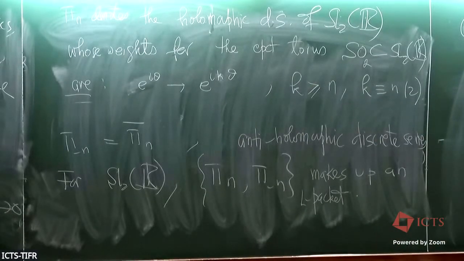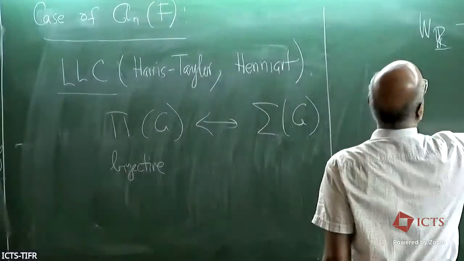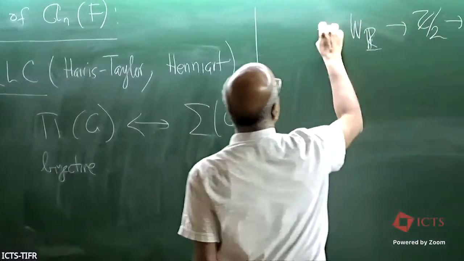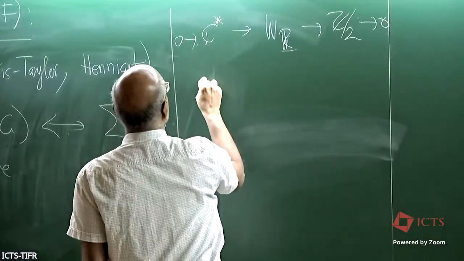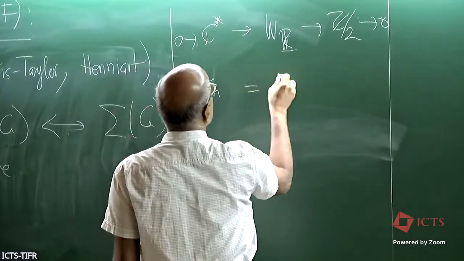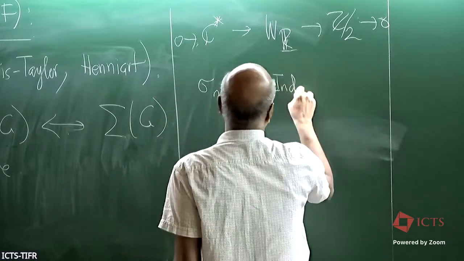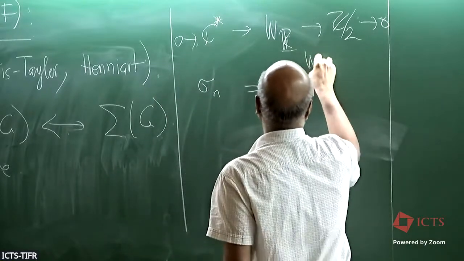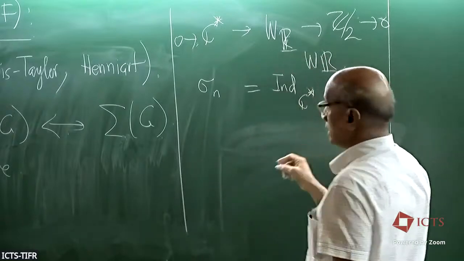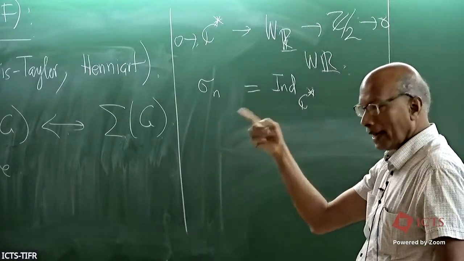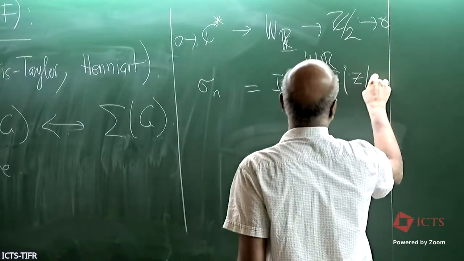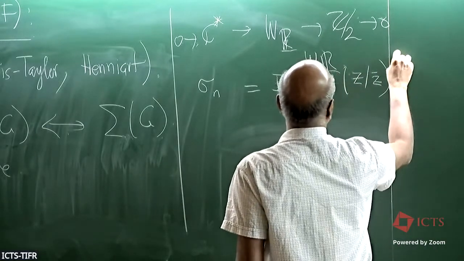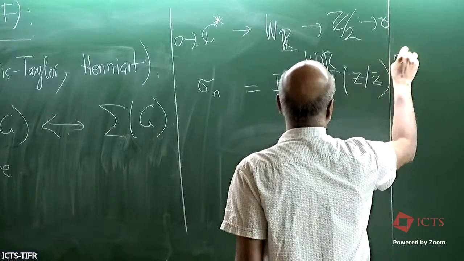WR is a non-trivial extension of Z mod 2 by C star, and the parameter sigma n is supposed to be induction from C star to WR. It is like what is called the Hecke construction, and here it is Z upon Z bar raised to the power n by 2.